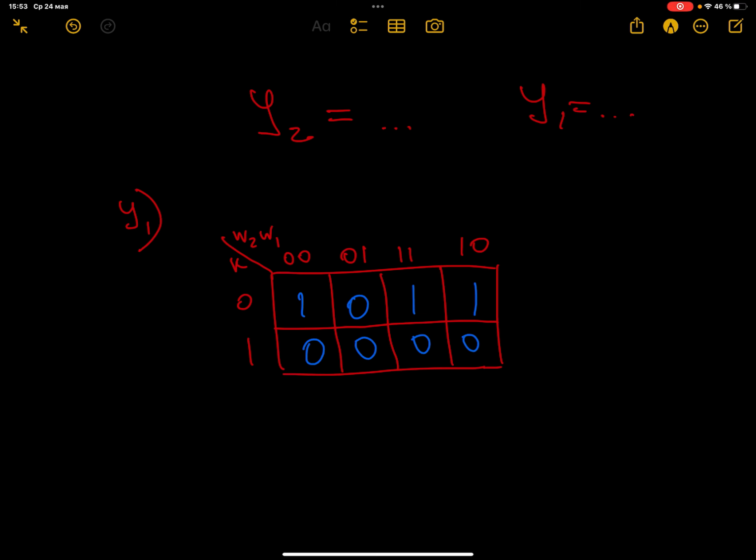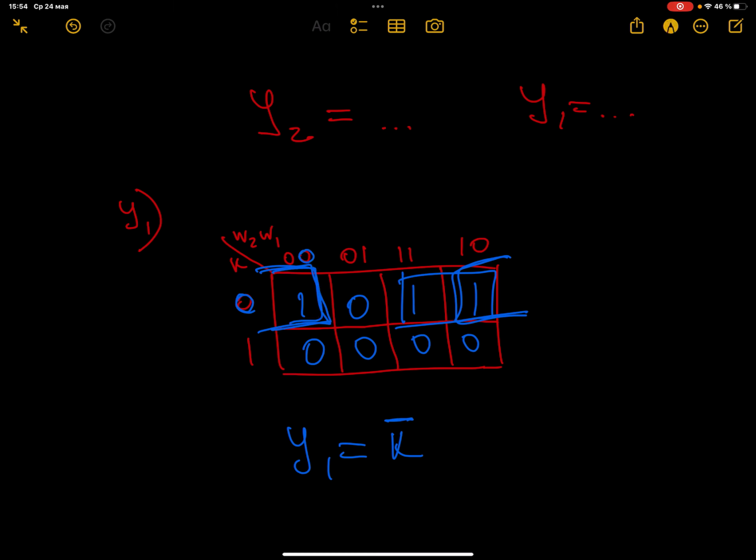So now we're going to do K-map. You take this and this, and you get this 2. If you do the K-map, then you will find out that Y1 equals K bar, because this is K bar, and what is the same here?